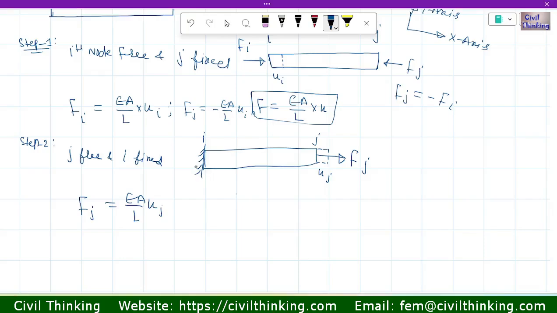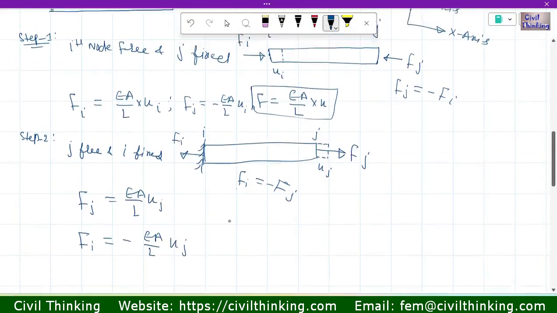It is going to be equal but opposite to Fj, so it is going to be Fi. Fi is going to be negative of Fj, because it is in the opposite direction, but the magnitude is going to be the same. So for Fi, I can write minus of EA by L times Uj.